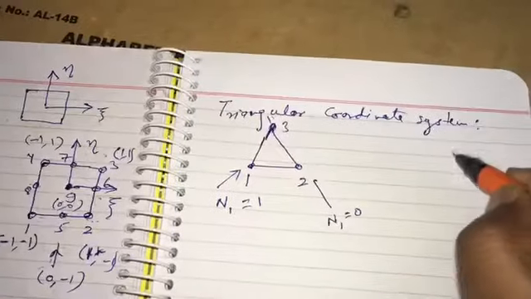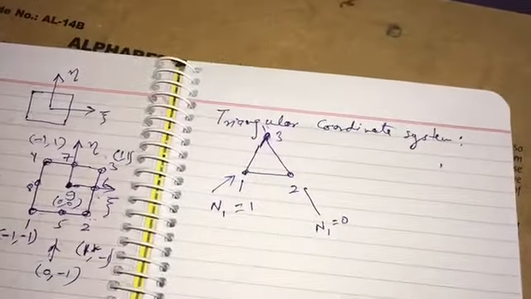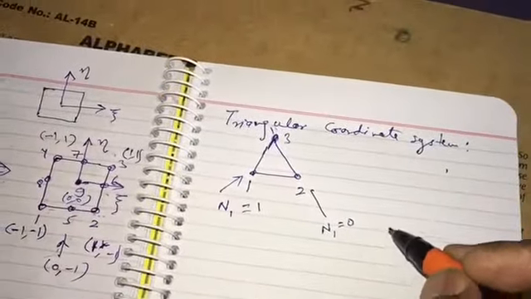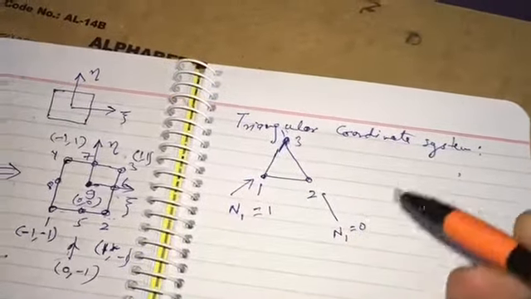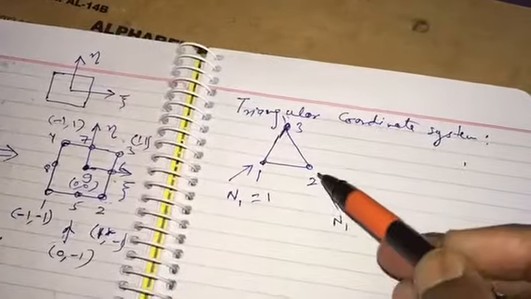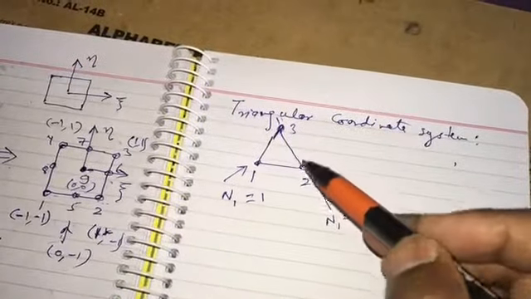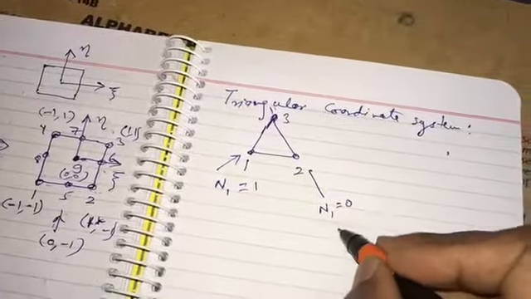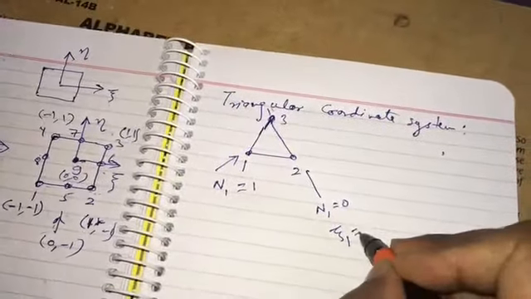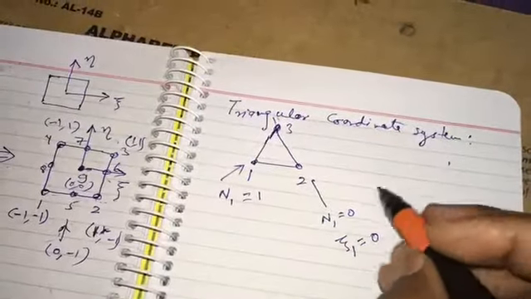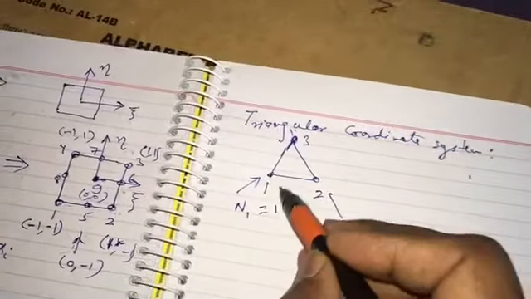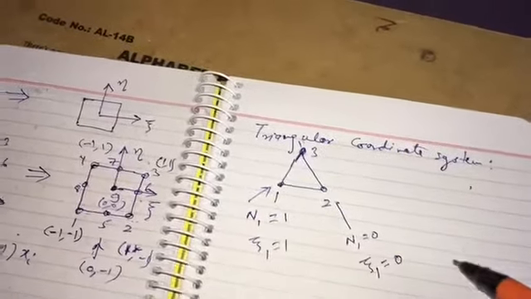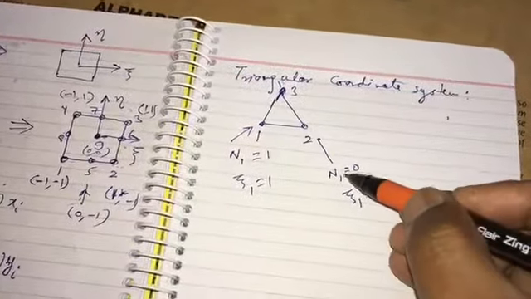Let's call it the first axis. Let's call it xi, and xi goes from this line, from 2 3 towards 1, meaning that xi 1 is equal to 0, and here at this, xi 1 equal to 1. So xi is actually equivalent to N1.